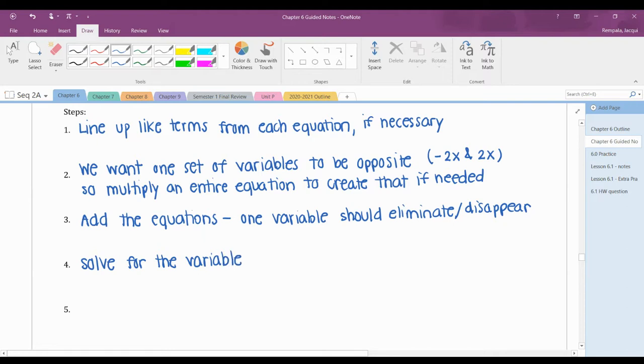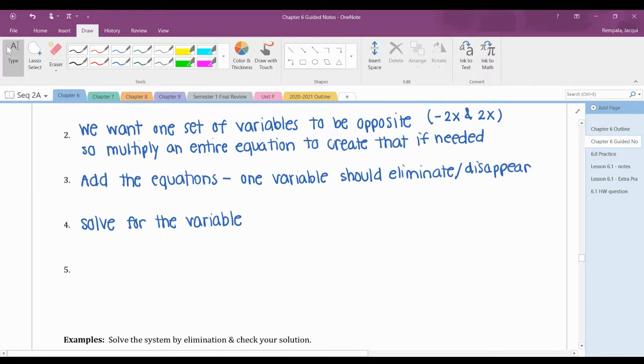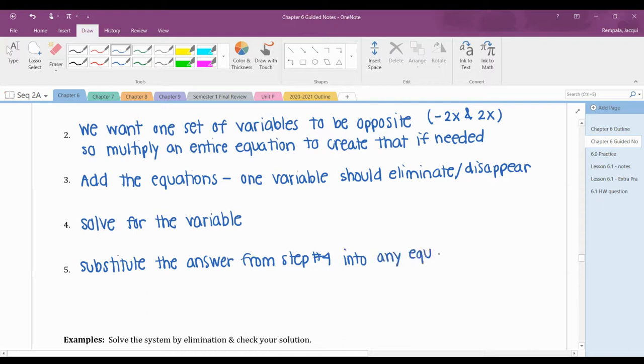Step number 4 means that we find one of the variables, but the equations start off with 2, so our fifth and final step then is we are going to substitute the answer from step number 4 into any equation to find the other variable.